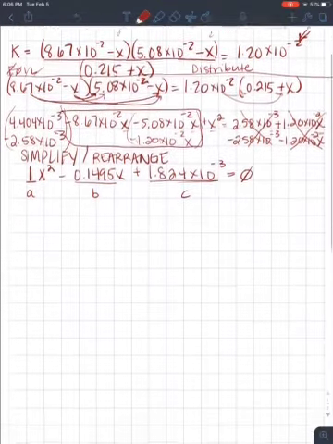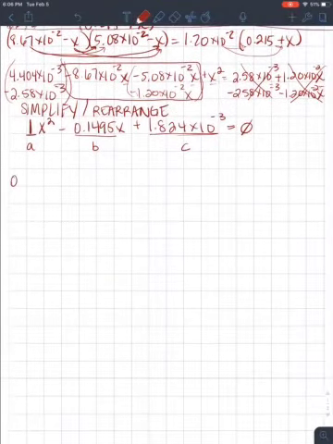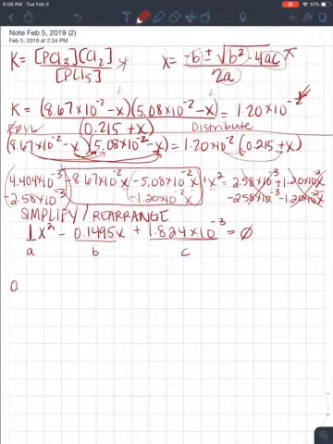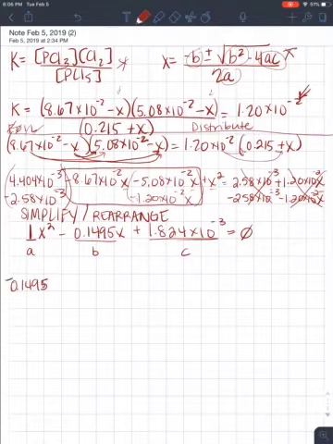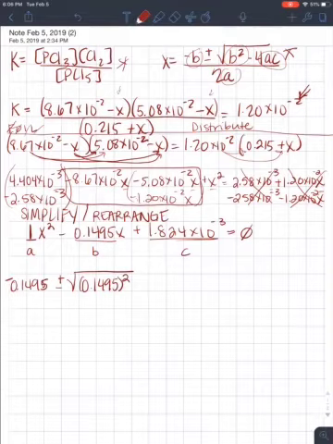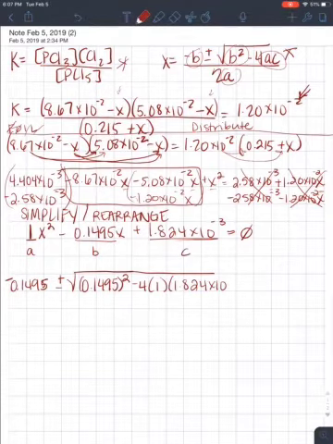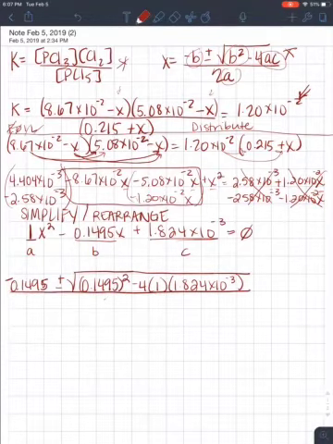So to set it up, I'm going to have, hold on, let me pull it down so you can see. 0.1495, because there's B, that needs a minus sign in front of it, plus or minus the square root, 0.1495 squared, minus 4 times A, which happens to be 1, so you could really ignore it if it made you feel better, times C. I'm going to put this whole thing over 2 times A, so really we're just going to put it over 2.